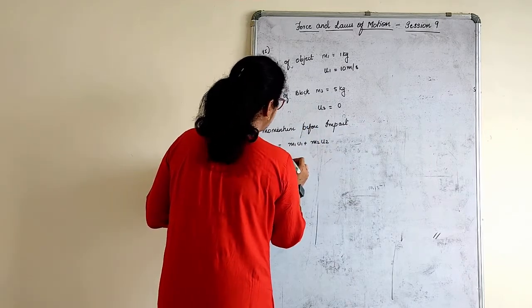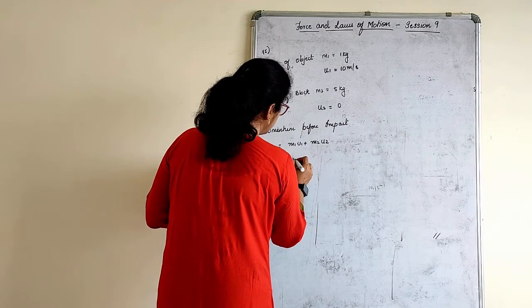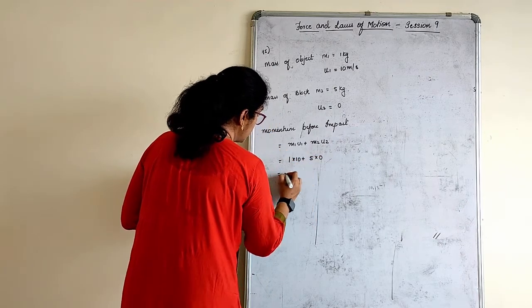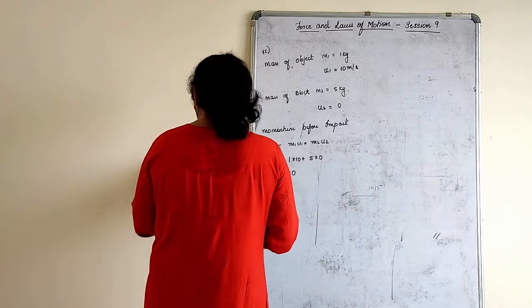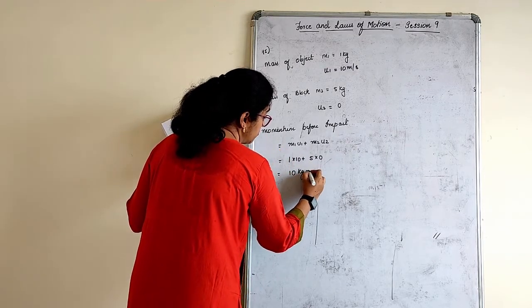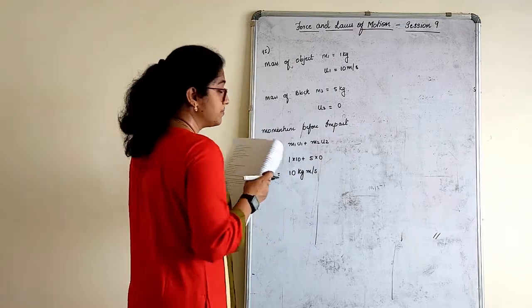So m1 is how much? 1 into 10 plus 5 into 0. So momentum is how much here? 10 kg meters per second.